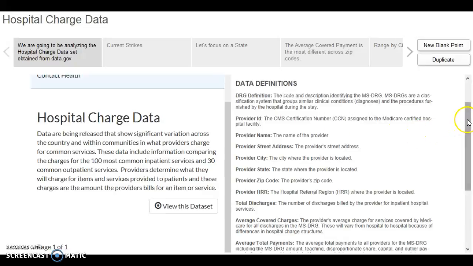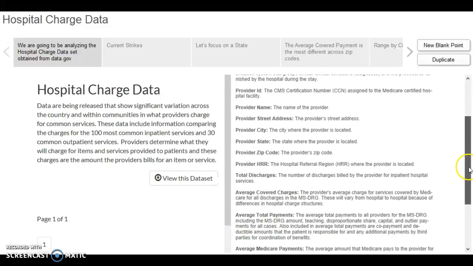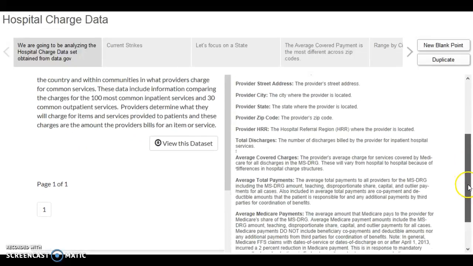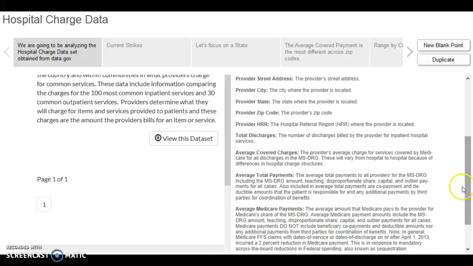The data included in this set is the DRG definition, and that's the description of the procedure. The provider ID, which is like a hospital, the provider name, the street, city, state, and zip code, the provider HRR, which is the hospital referral region where the provider is located, total discharges, the number of discharges billed by the provider for inpatient hospital services, average covered charges, which will be a main metric in our analysis.